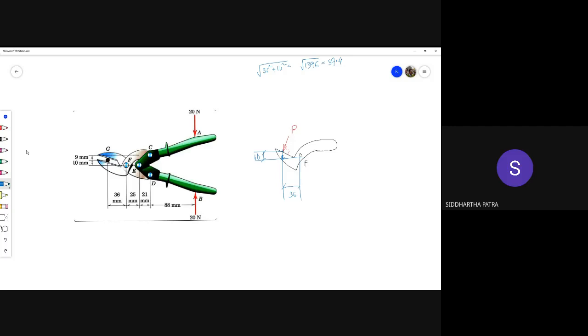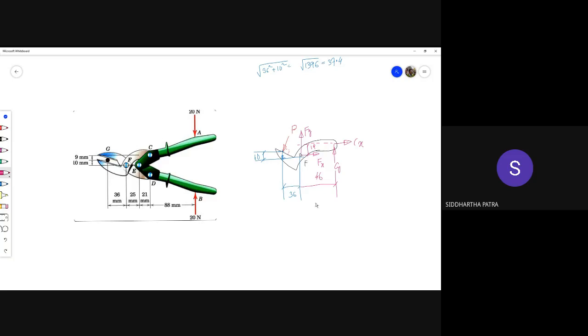Of course there would be reaction forces at F, and you probably don't know how much are Fx and Fy, which is fine. You probably also do not know how much are Cy and Cx. Now Cx and Cy would be acting at a height of 19 above F, and at a distance of 46 millimeters horizontal.